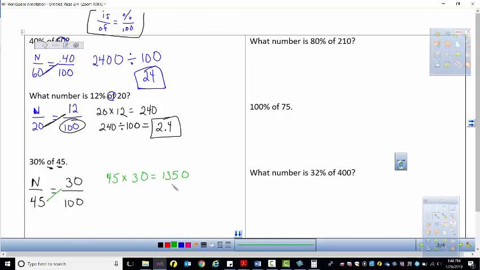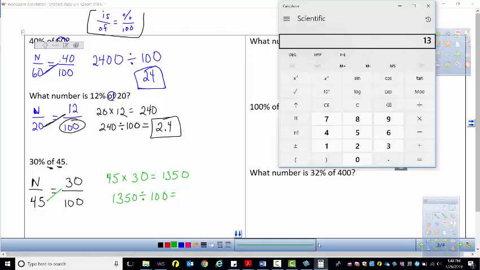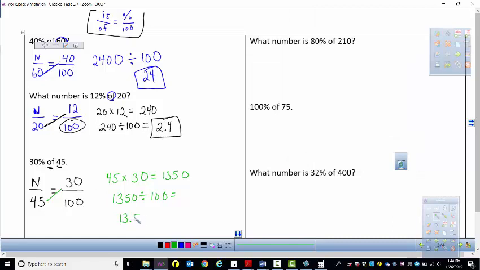And now I need to take that answer and divide by 100, because that's how I solve a proportion. So I take 1,350 divided by 100, and my answer is 13.5. That's the answer that I'm looking for.